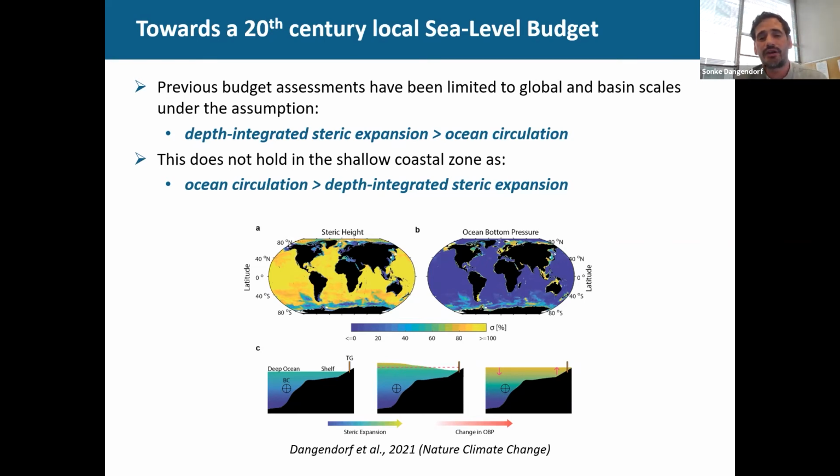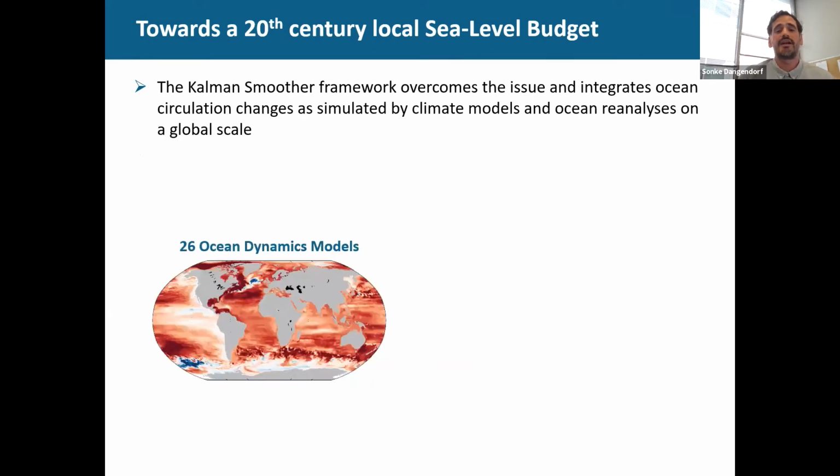But today I want to show you how the Kalman Smoother overcomes that problem. I'm not really talking about this, but the Kalman Smoother itself overcomes the issue by estimating global average steric sea level change directly from the tide gauges, in addition to the information on ocean circulation changes that we get from different ocean models.